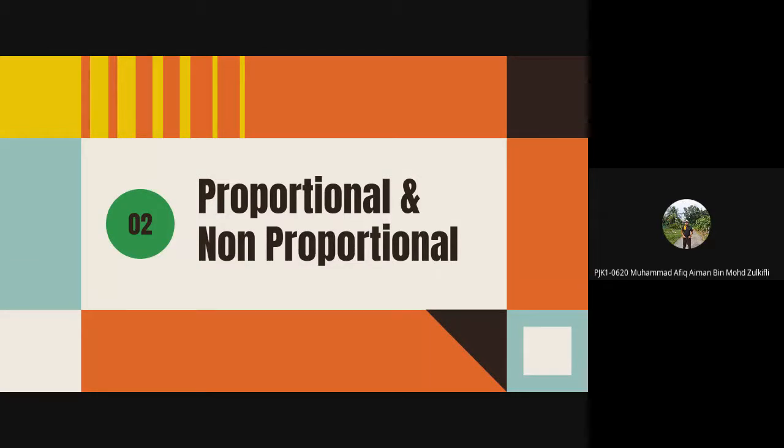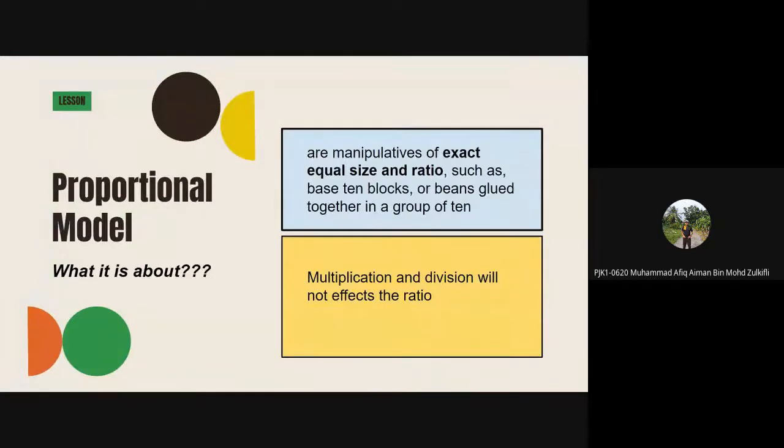Okay, now we go to the proportional and non-proportional models. I'm presenting about the proportional model. What is a proportional model? Proportional models are manipulatives of exact equal size and ratio, such as base 10 blocks or beans glued together in a group of 10.